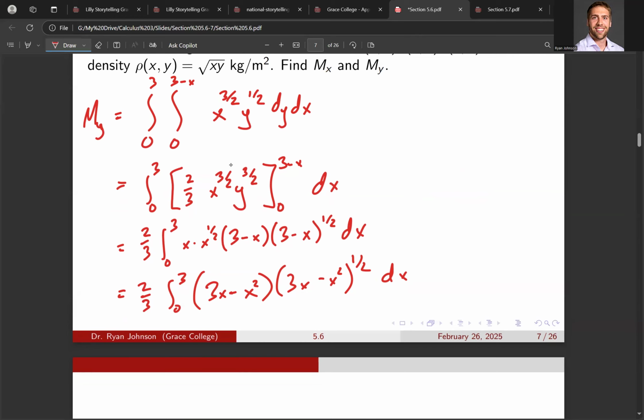So if I'm doing u equals 3x minus x squared, then du equals 3 minus 2x. And then if dv is 3x minus, no, I can't do that, because I want to take that power down, but this power is going nowhere.